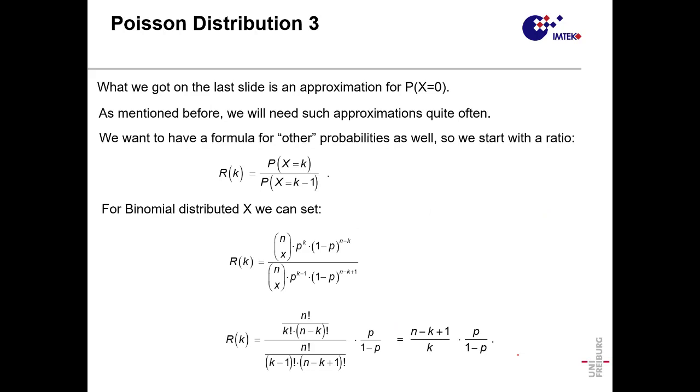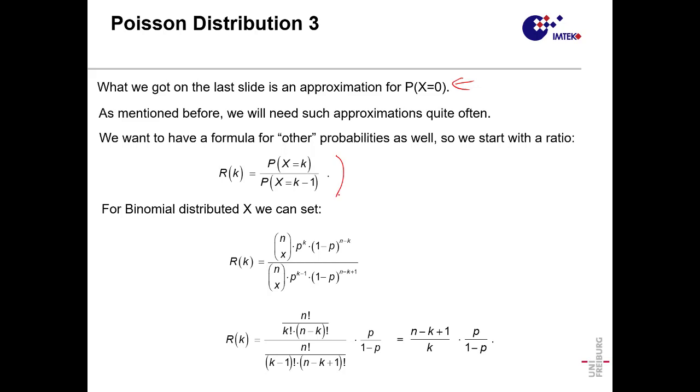But this is the case where x was equal to 0, so that the probability to get a 1 was really low. Now we have to consider all the other possibilities, or the other probabilities, as we did with the binomial distribution, and we do that with the ratio.